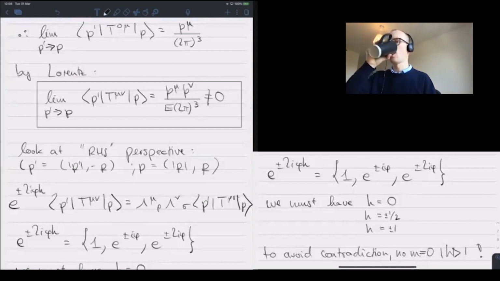Is there a similar argument in AdS or de Sitter? Not to my knowledge, because you don't have the Lorentz covariance. But it's a very good question. You might use instead the full conformal group or something.